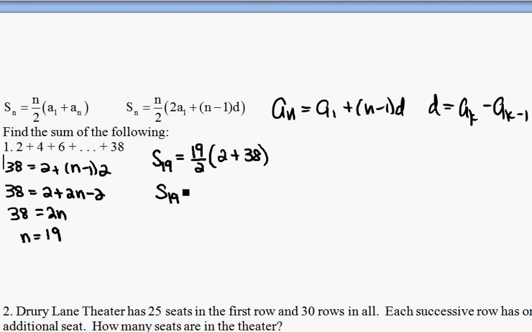So S sub 19 is 19 divided by 2. 2 and 38 is 40, which is 19, these two cancel, gives me 20. I did that in my head without saying it. 20 times 19 is 380.